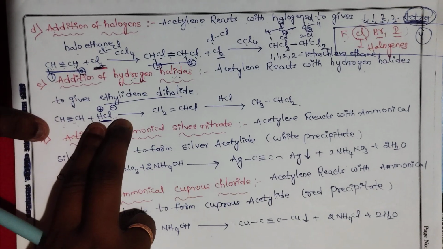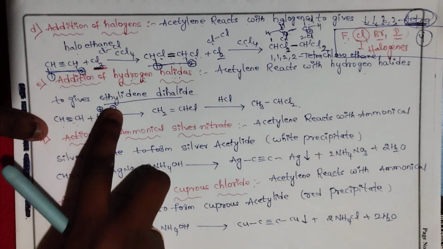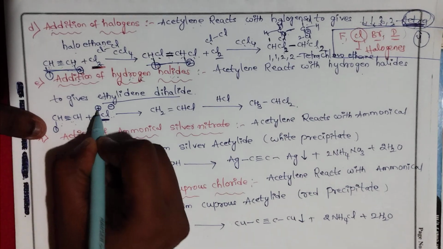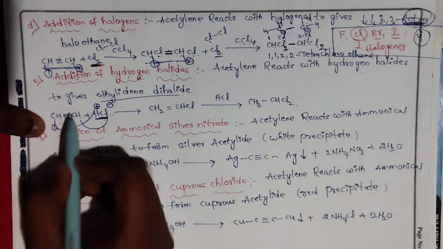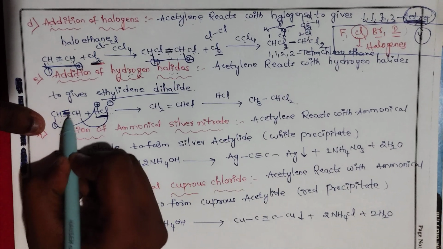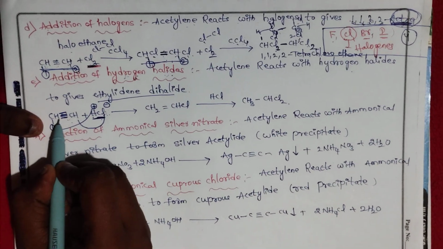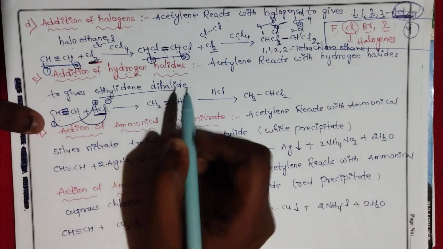We divide the hydrogen halide into two groups, one is H plus and the other is Cl minus. H is added to this side and Cl is added to this side. Initially the triple bond is present. By the addition of these groups to acetylene, the bond order decreases, so the triple bond is converted into a double bond.